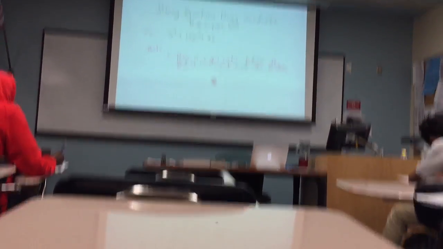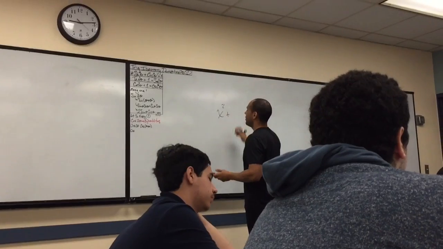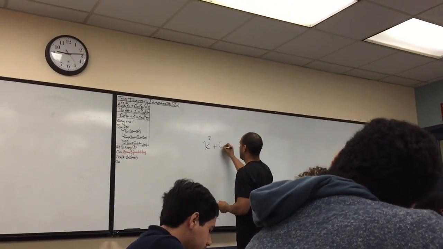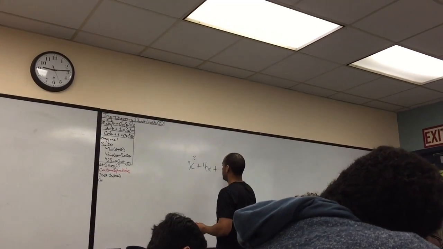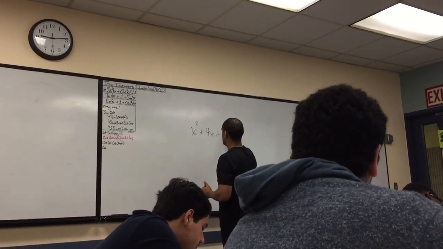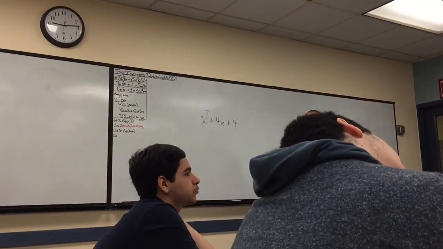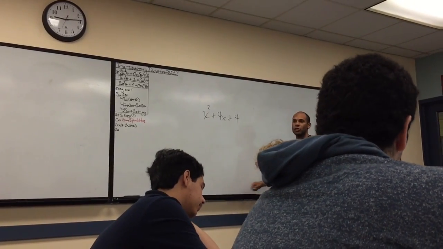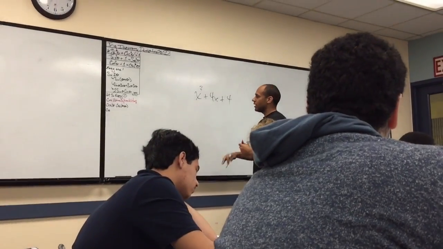I'm going to write your run-of-the-mill, typical quadratic equation: x squared plus 4x plus 4. That's a typical quadratic equation.